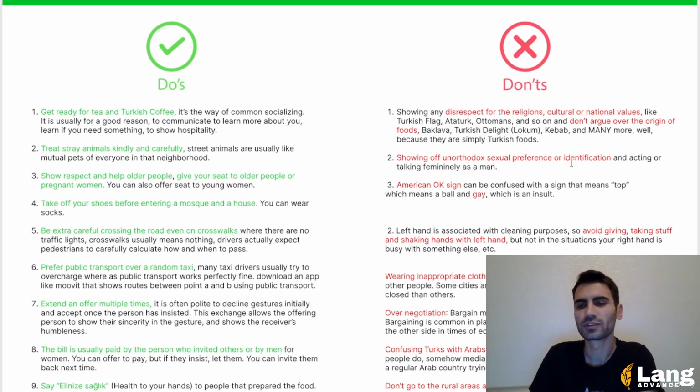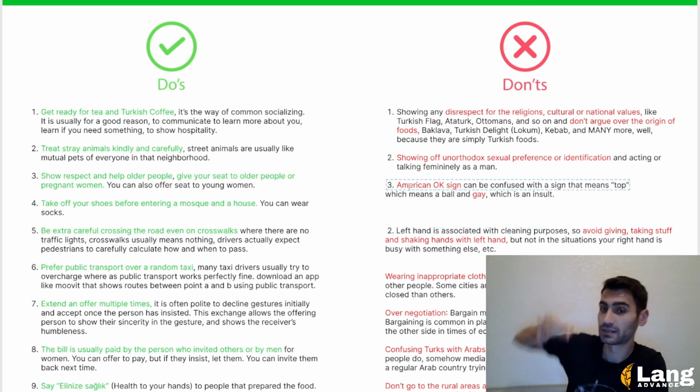Showing off unorthodox sexual preference or identification, and acting or talking femininely as a man can be frowned upon, because people see the world traditionally, and for most Turkish people, there is a man and woman in a family and kids.